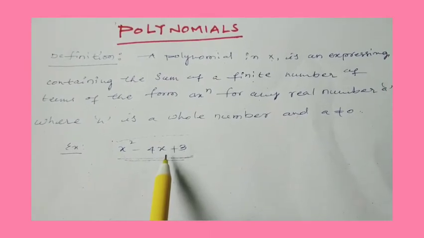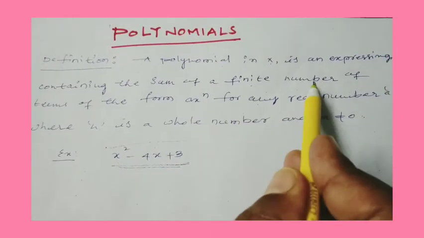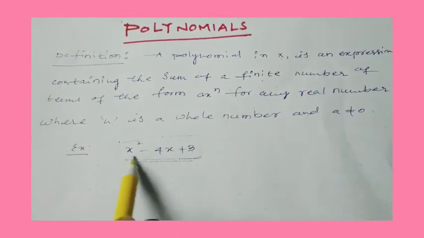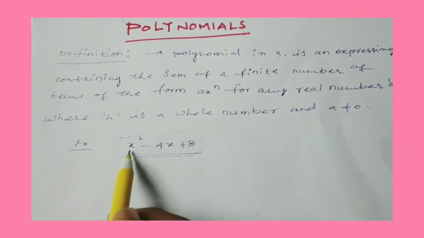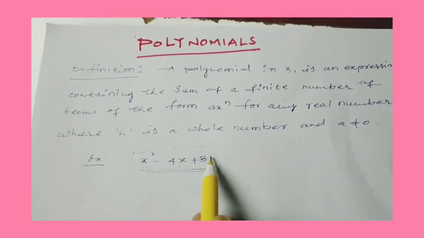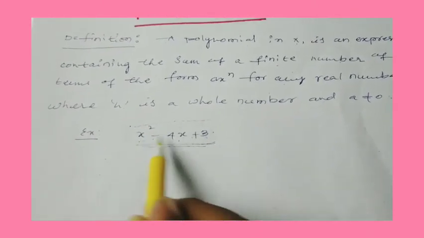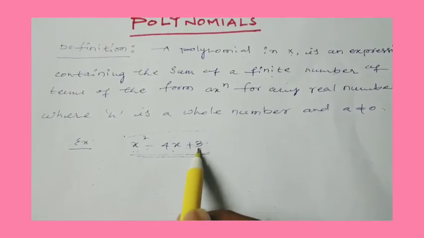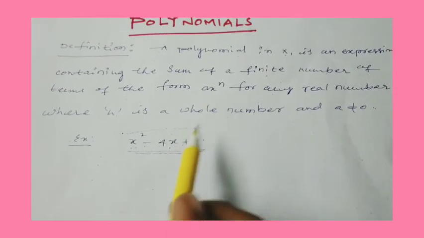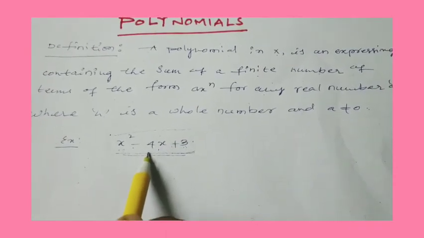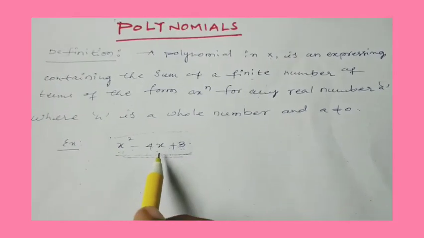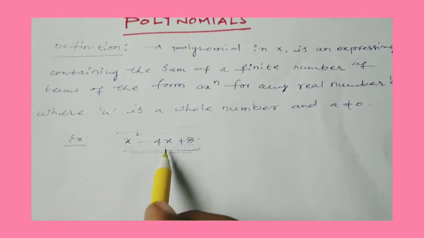Countable terms only. That's why it is a sum of a finite number of terms of the form ax power n. Here n is a whole number and a is a real number.